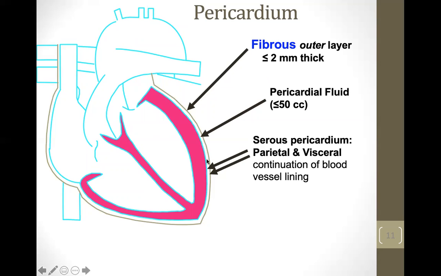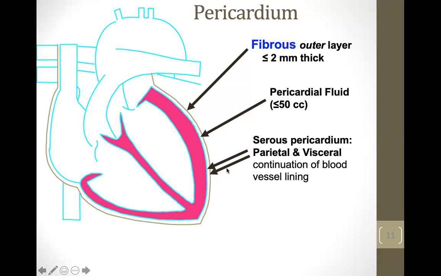Then we have both sides of the serous pericardium, in which we have the visceral layer that's right on the heart. We have the parietal layer, which is attached onto this fibrous layer. And then inside, we have this potential space in which we have the pericardial fluid in the pericardial cavity. So the cavity is this space, and then it has the fluid that's there.